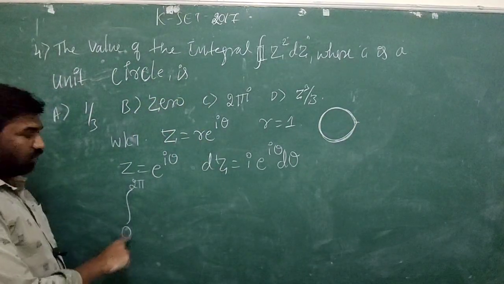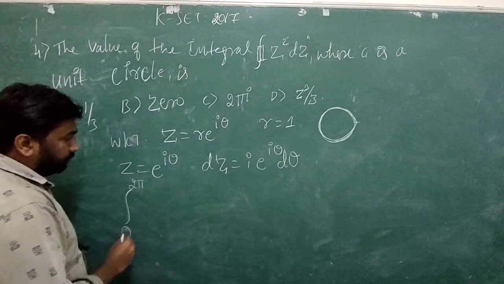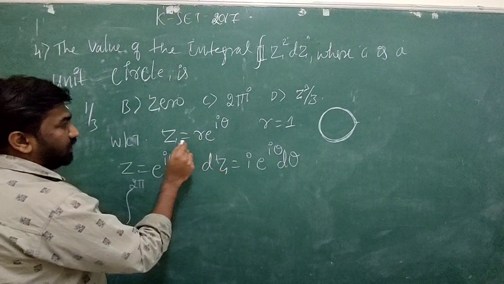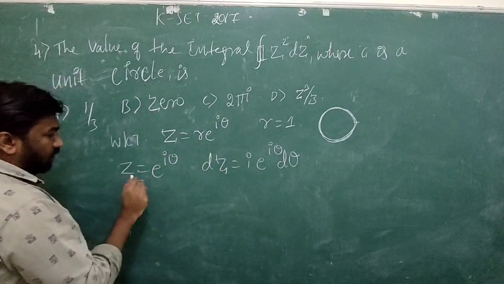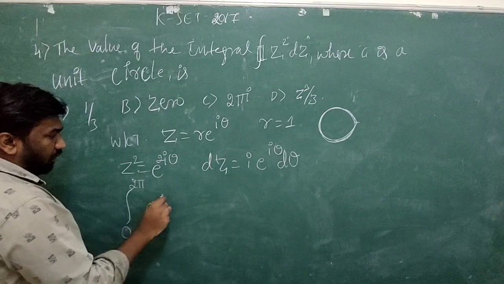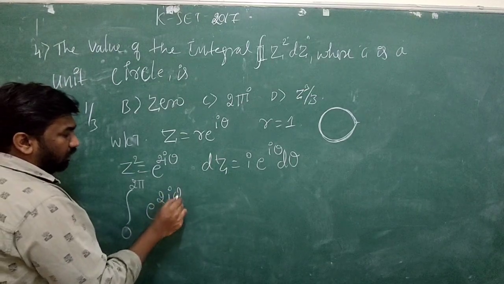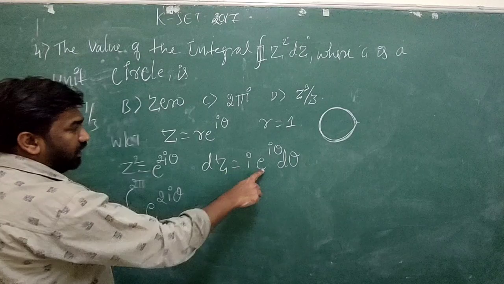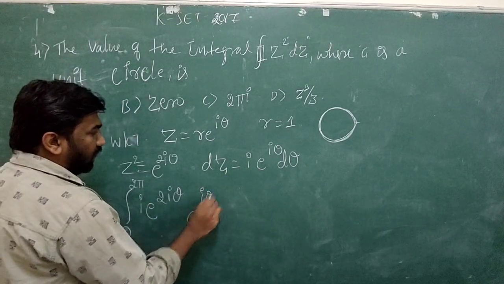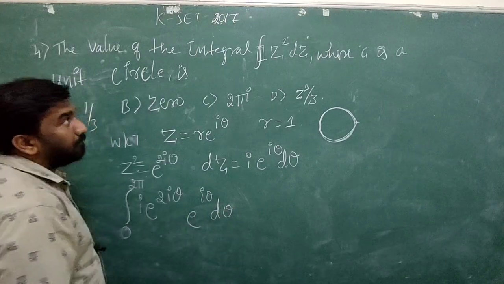So it varies from 0 to 2 pi. And z square is e power 2i theta, and dz is i into e power i theta into d theta.